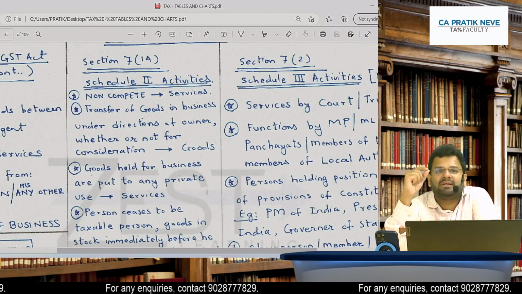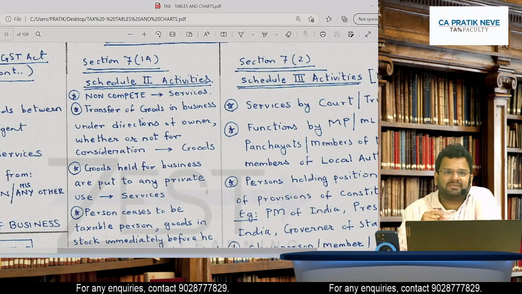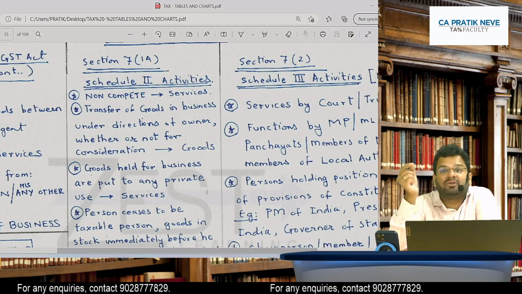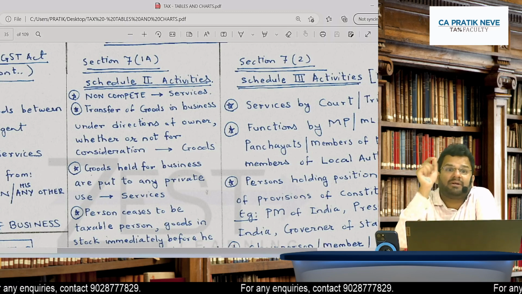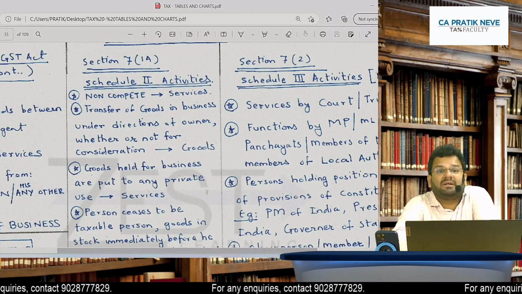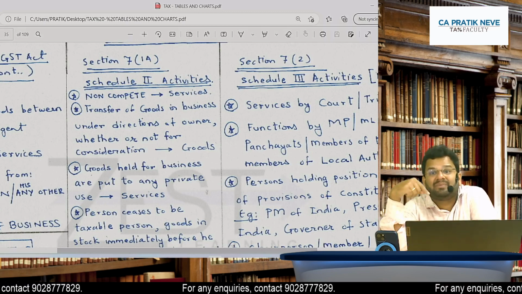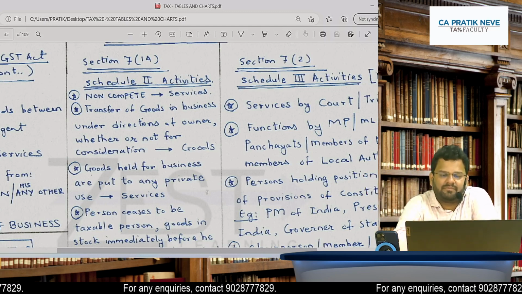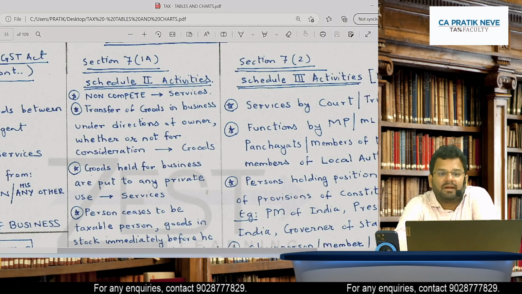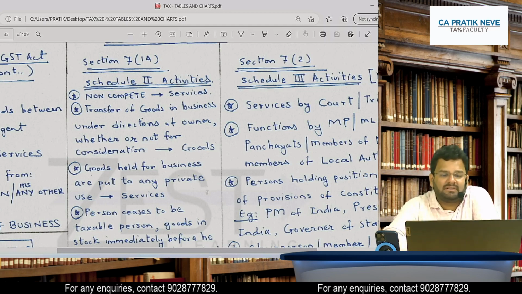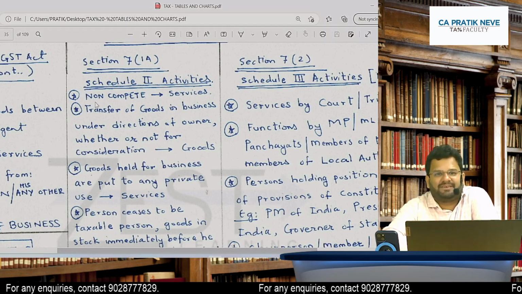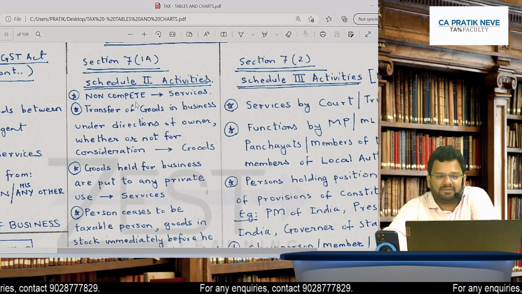Schedule 2 is a list of transactions. In those transactions, government has told you whether that particular transaction is supply of goods or supply of services. Got it? Just a few examples I have quoted here. Suppose there is a non-compete agreement, then it's a supply of services.